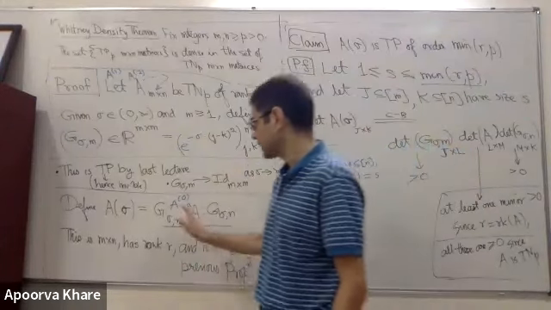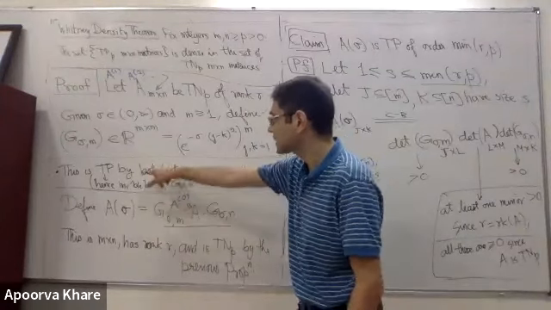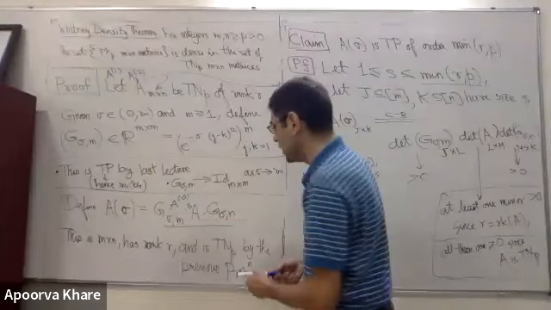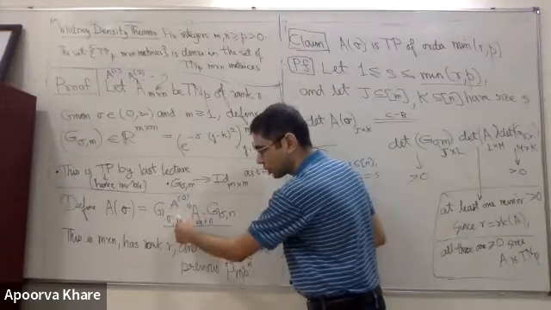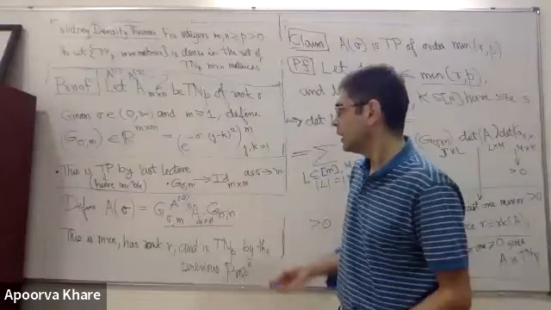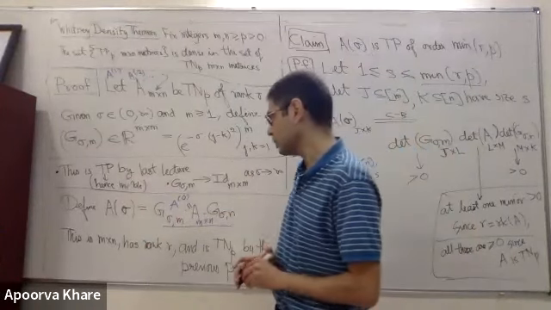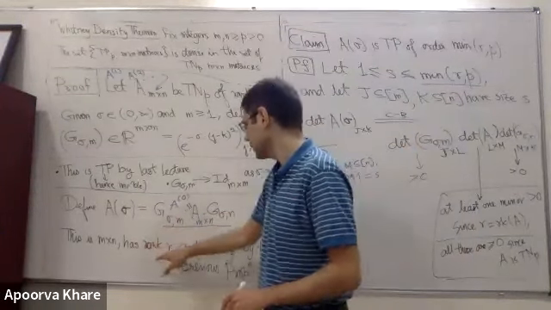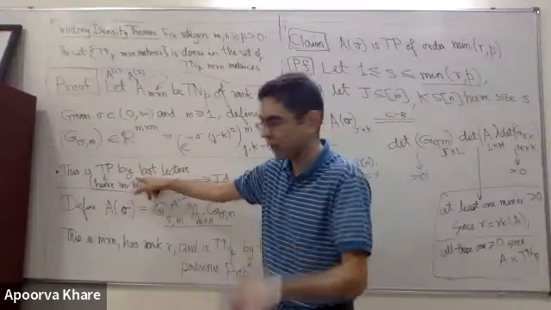The first part of this construction is to pre- and post-multiply by a Gaussian matrix of the correct size. Remember that A was m cross n, so you pre-multiply by an m cross m matrix and post-multiply by an n cross n matrix. Now, as we have seen, because of the Cauchy-Binet formula, this matrix is m cross n and has rank r, because these matrices are invertible, so the rank does not come down.